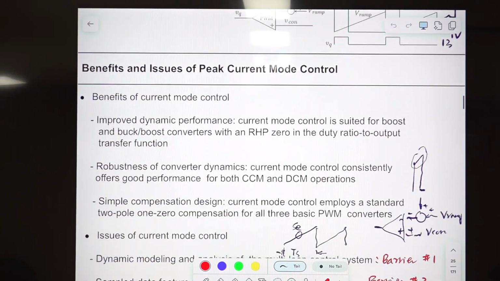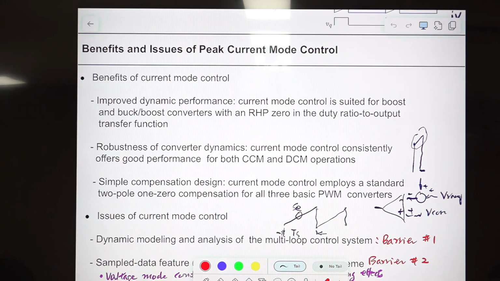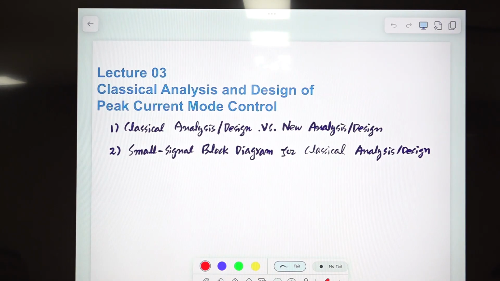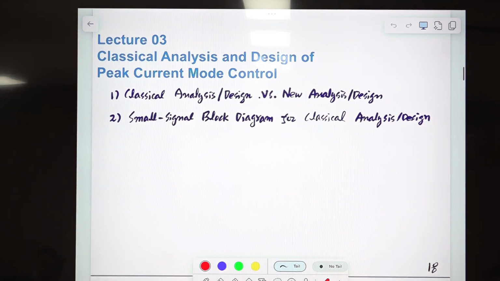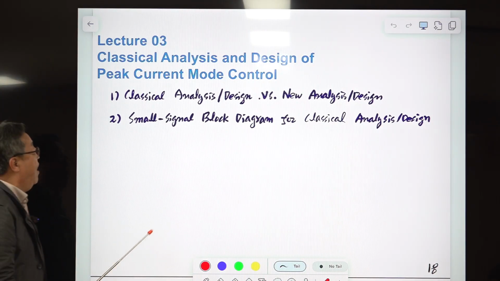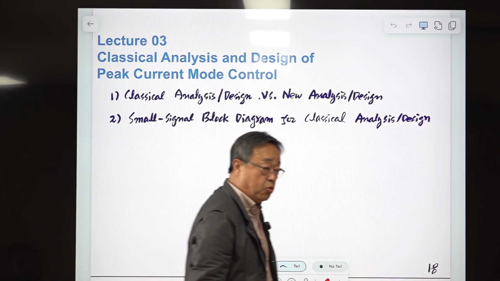So this is about the previous lecture slide, and we move to lecture number 3 on this topic. The title of this lecture is Classical Analysis and Design of Peak Current Mode Control.